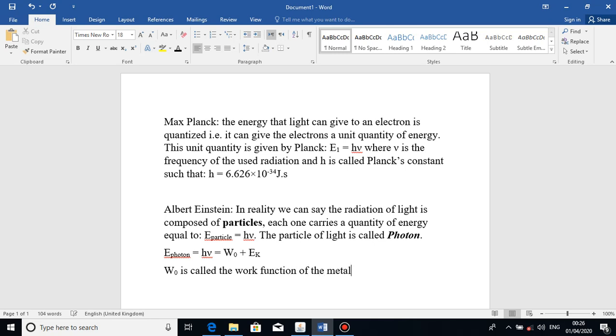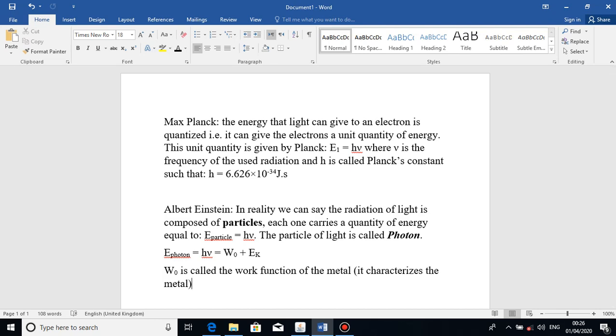And it is very important to know that it characterizes the metal. It is a characteristic for the metal. Each metal has its own work function.